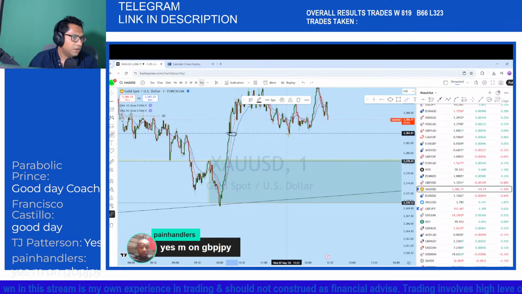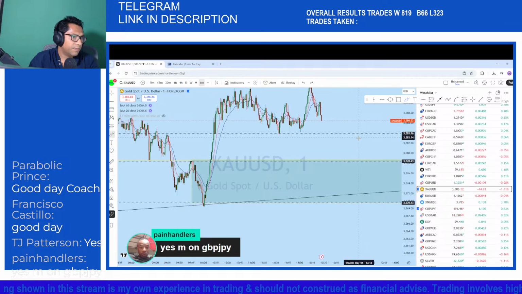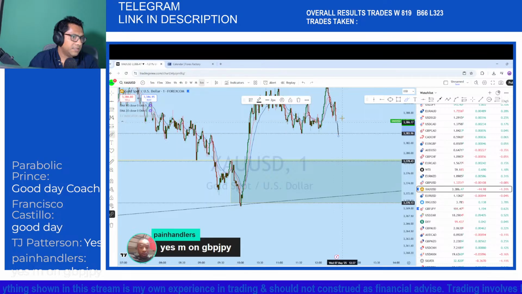Okay, so support here, support here, support here, and with those multiple supports, we may see the market come back here below. There is a big fair value gap.